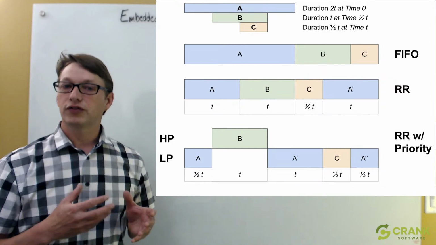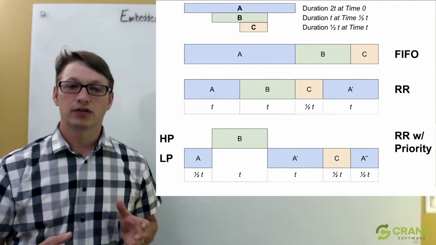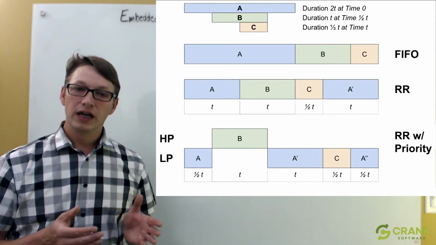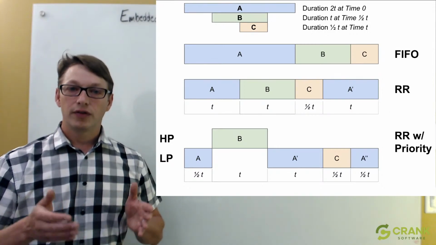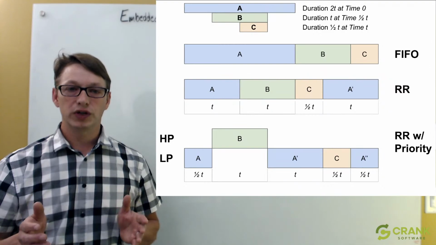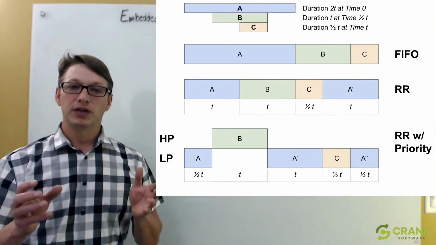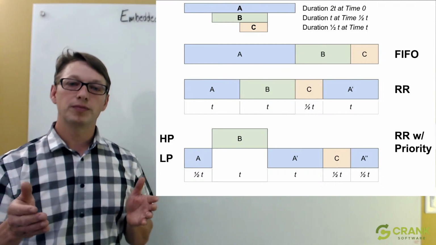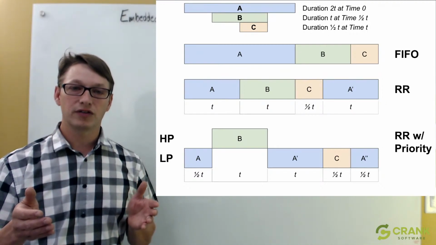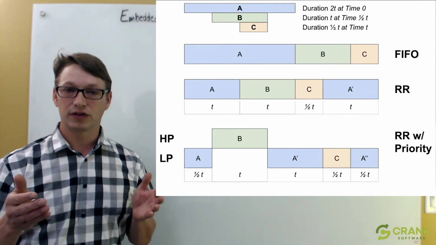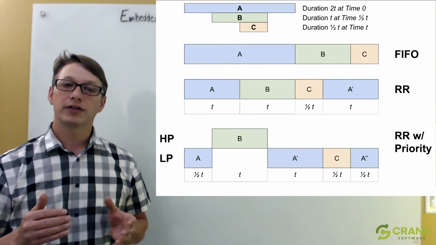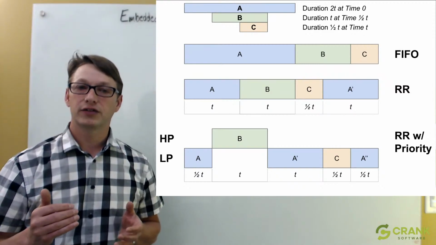When A arrives, it'll start executing, and it'll execute at its lower priority level, right? And this is the same as what we were seeing with our round robin scheduling. Once B arrives, there's an immediate preemption. We switch tasks to B because B is higher priority. We start executing B. We're going to run B all the way to completion because it's the only high priority task that's running. When B finishes, we're going to switch back down and start looking at the lower priority tasks to execute.